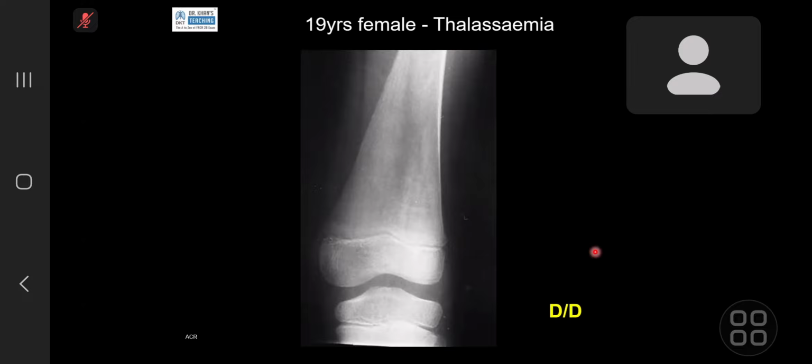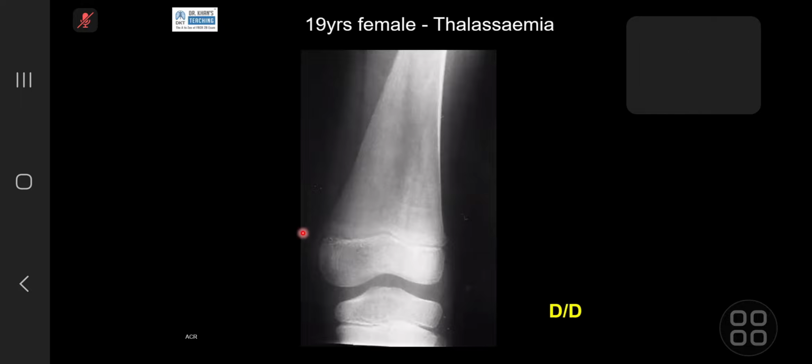I can see expansion of the distal metaphysis with slight sclerotic changes seen in the medullary cavity, associated with thinning of the cortex. The physis is quite narrow, maybe due to the age of the patient.